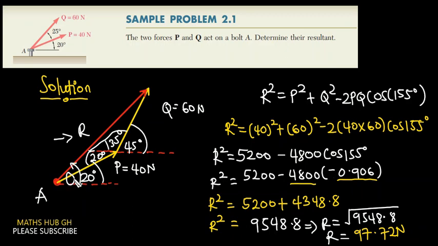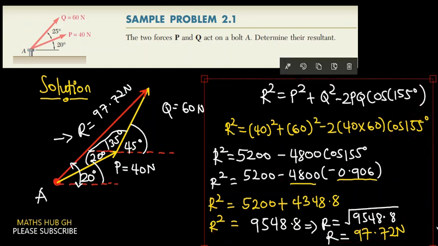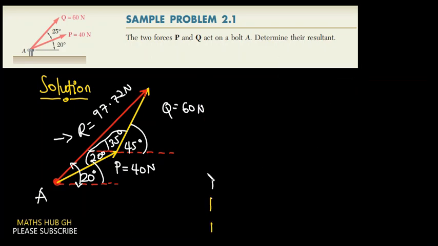So now we know the value of R, which is 97.72 Newton, and next you're going to calculate the angle that the resultant force makes with the horizontal axis.